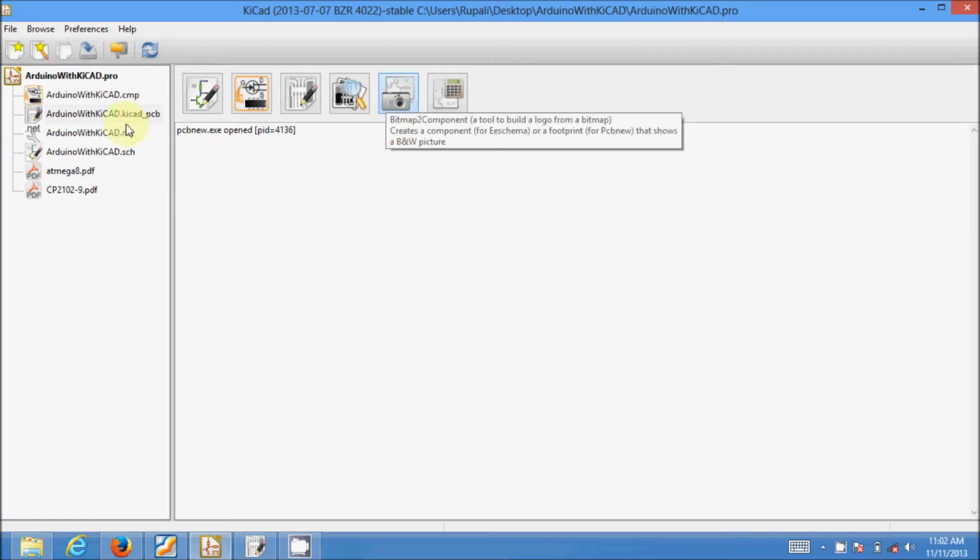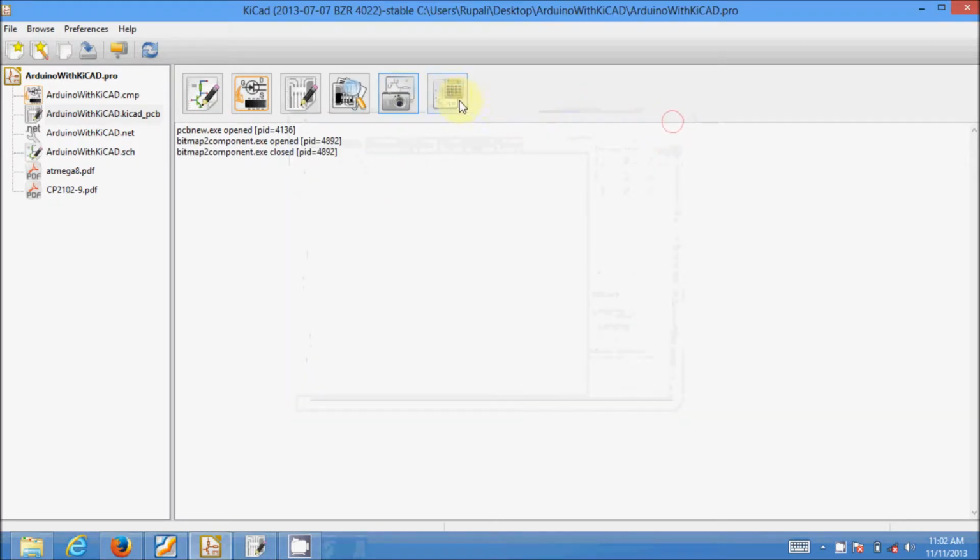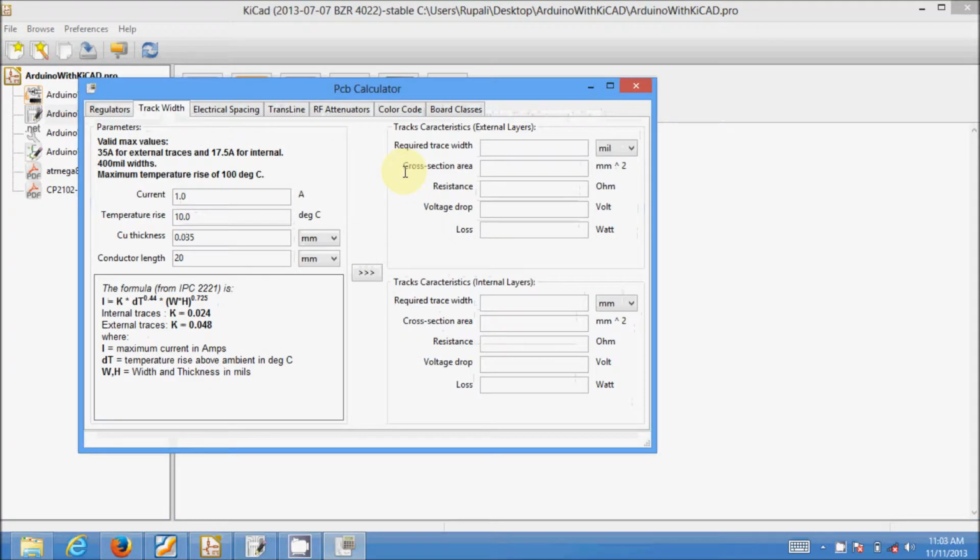If you go back to the main KiCAD window and open up the PCB calculator, you will have a handy tool here to measure the current that is required for the board. That is under track width. Basically what it specifies is how much current a track on a PCB can sustain.